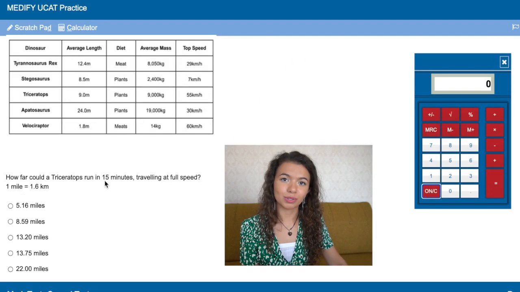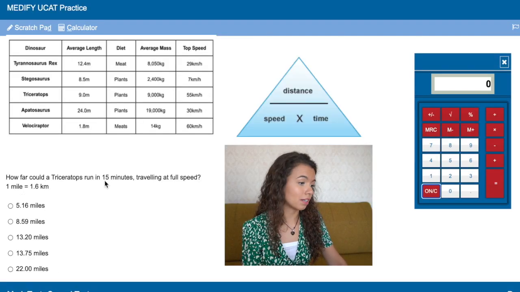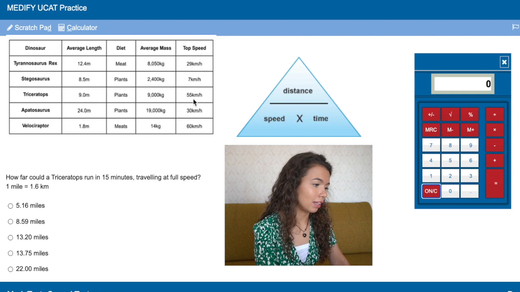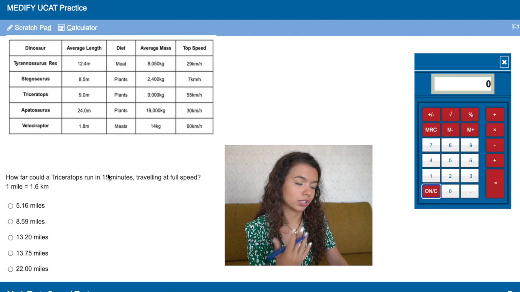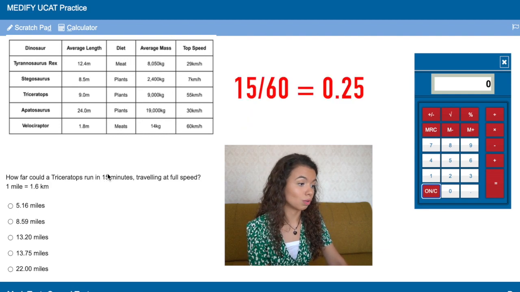Now the formula triangle for travel is distance is speed times time. If you have a look at the units here, they're all given in kilometers per hour. So you need to figure out how much is 15 minutes in proportion to an hour, which, as we know, is just a quarter.